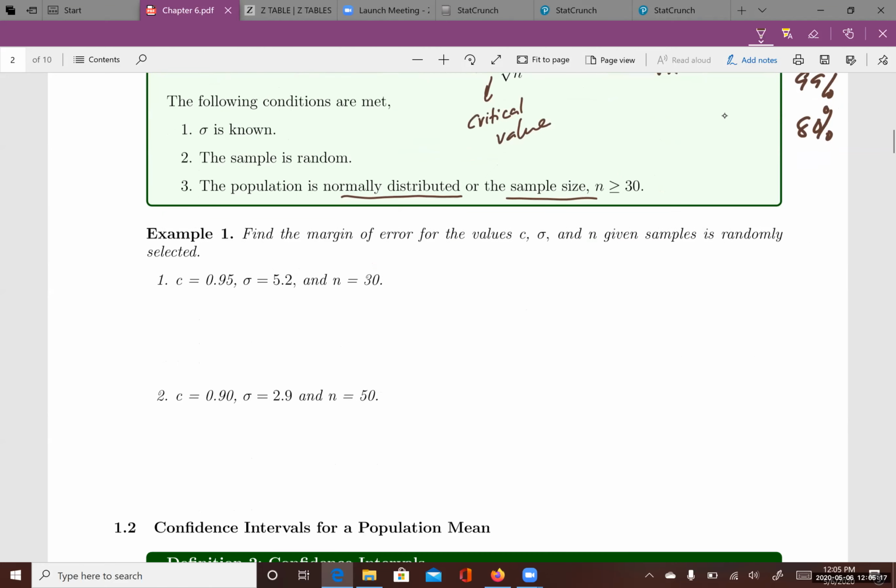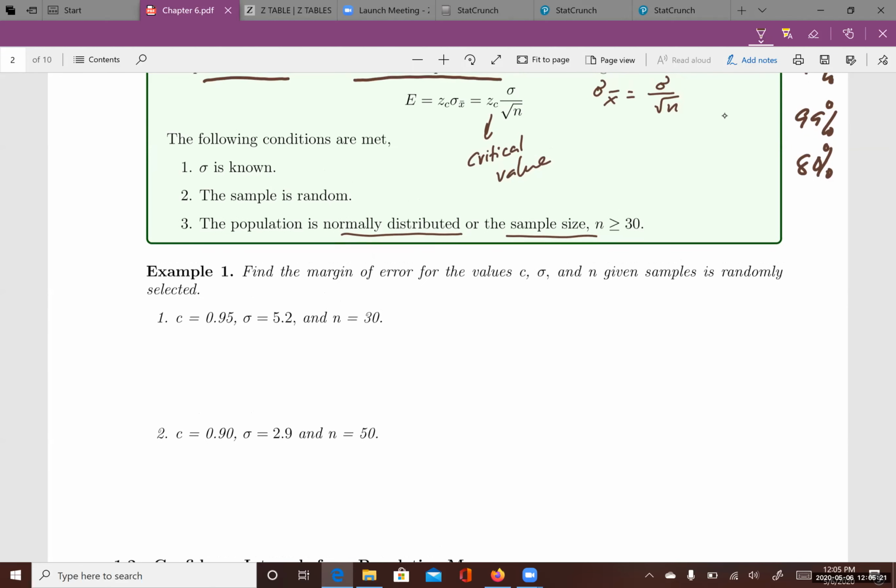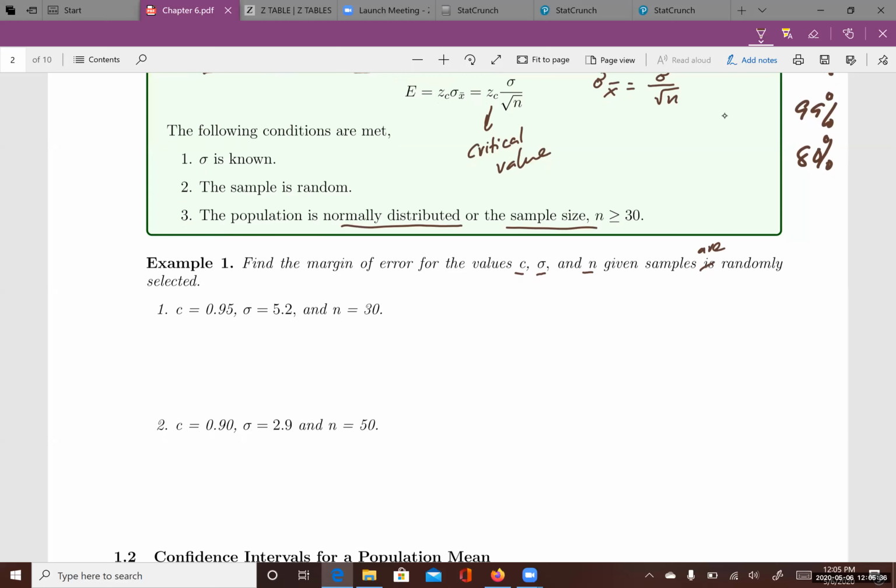So let's do some examples. Example number 1. Find the margin of error for the values C, sigma, and n, given samples are randomly selected. Okay. C is 0.95, sigma is 5.2, n is 30.